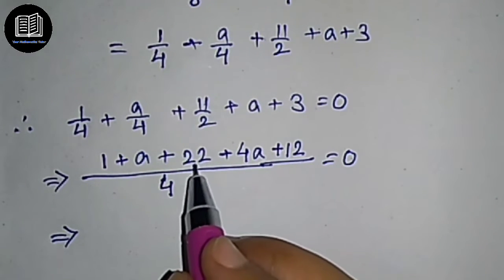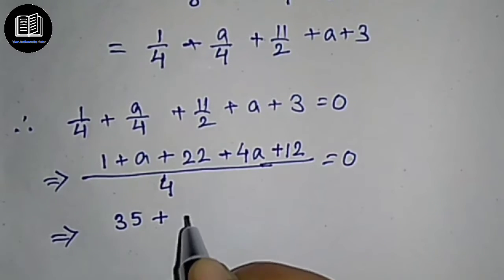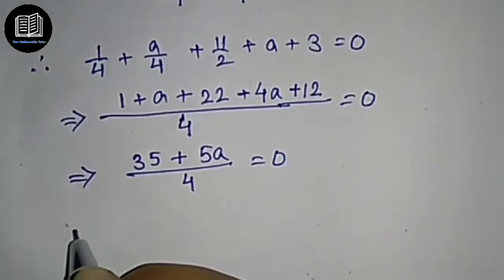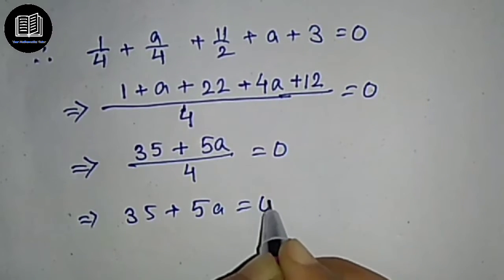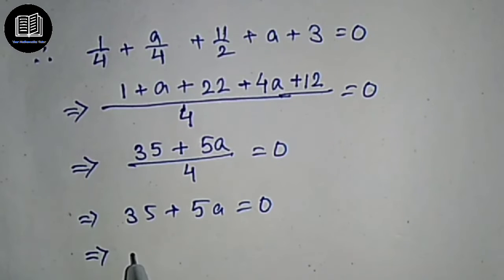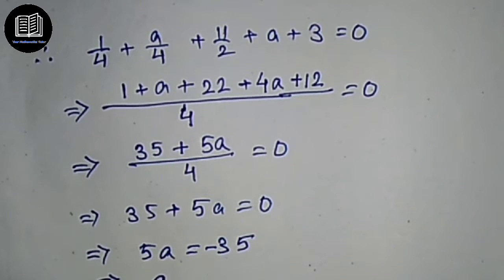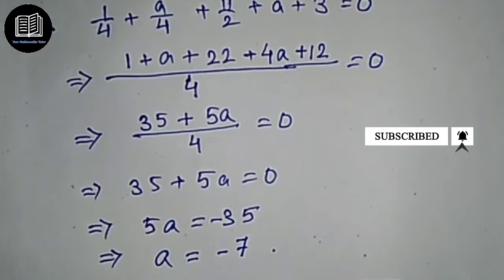Adding, we get (35 plus 5a) by 4 equals 0. That means 35 plus 5a equals 0, implies 5a equals minus 35, implies a equals minus 7. So we get the value of a as minus 7.